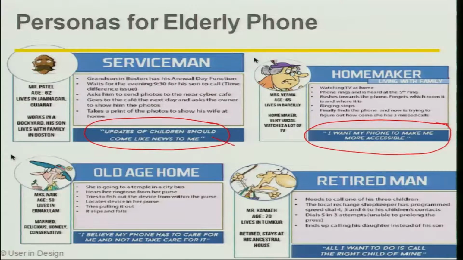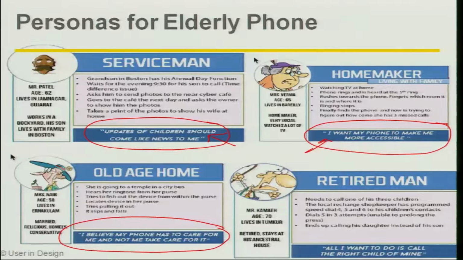And it is possible that this is a verbatim comment from the user. What is this homemaker saying? That, she has a lot of dependency, and she says, she's kind of homebound, and she says, I want my phone to make me more accessible. Okay, make it very easy for people to reach me, me to reach people, right?